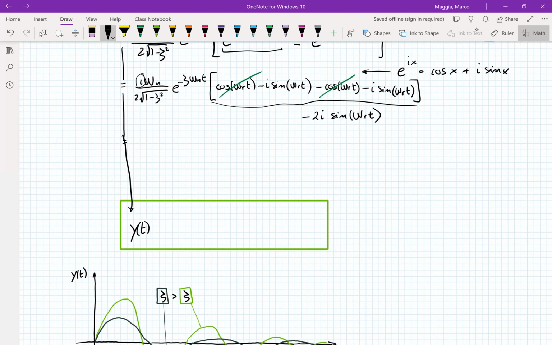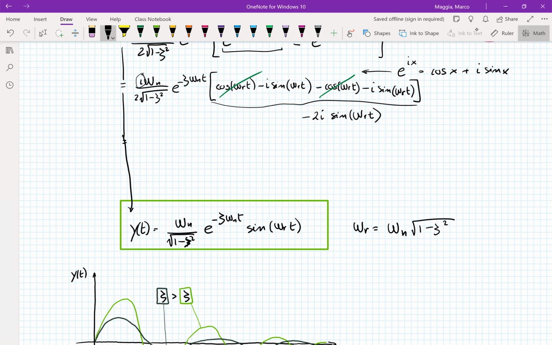And so we can write it all the way here. y of t is equal to omega n over square root of 1 minus zeta squared times e to the power of minus zeta omega n t times sine of omega r t, where once again omega r is the natural damped frequency, equal to the natural undamped frequency times square root of 1 minus zeta squared.